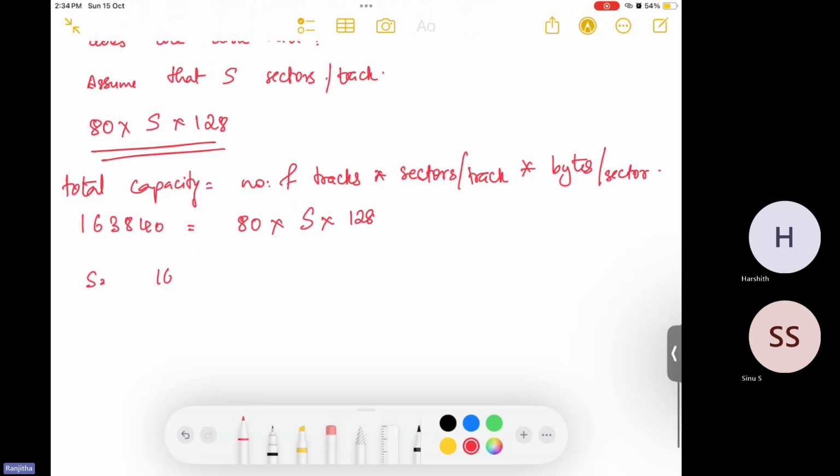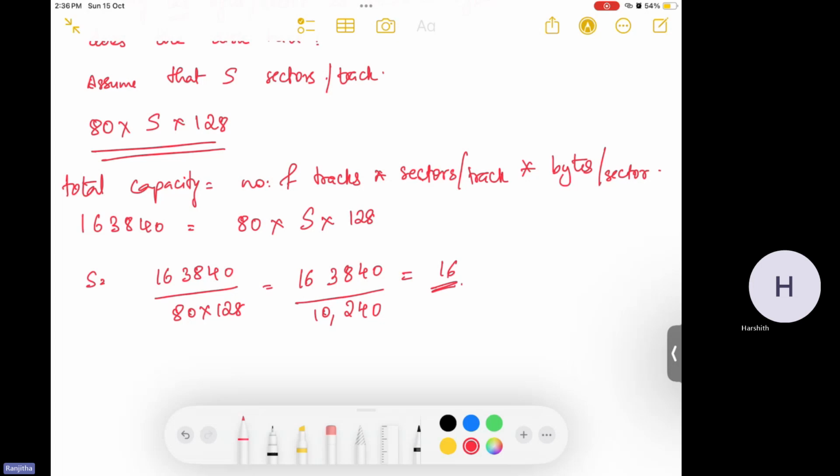So S will be equal to 163840 divided by 80 into 128, which is 163840 divided by 10,240, which equals 16.